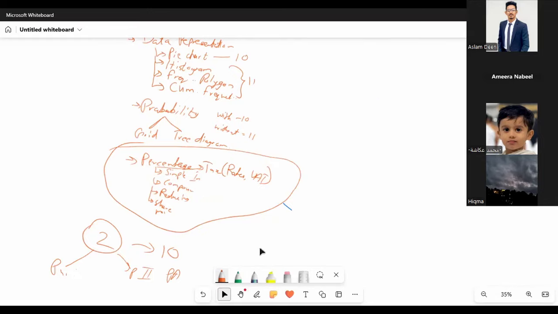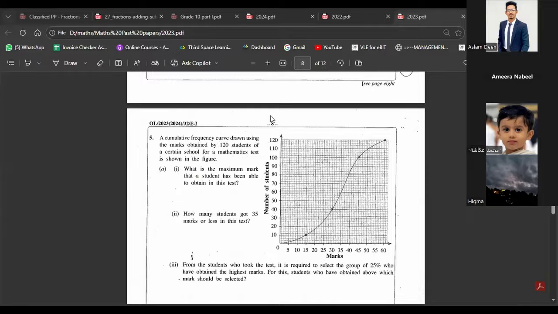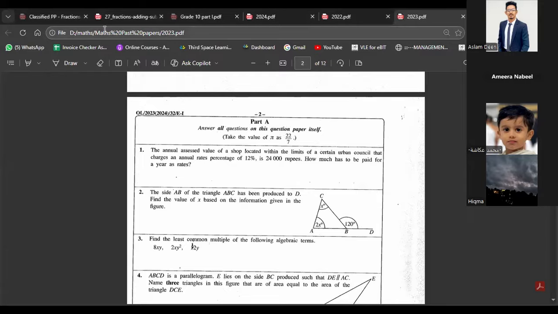So for your reference, let's have a look into the paper we have. Let me show you. All right, so hope you guys can see the paper. So this is 2023.